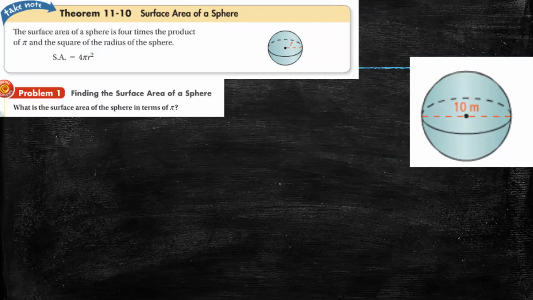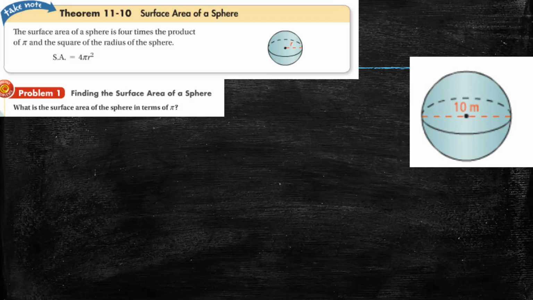If we connect 4 circles, we make a sphere. So the surface area of the sphere is 4 times the area of a circle, 4 times the product of pi and the square of the radius. To find the surface area of the sphere, we only need the radius.